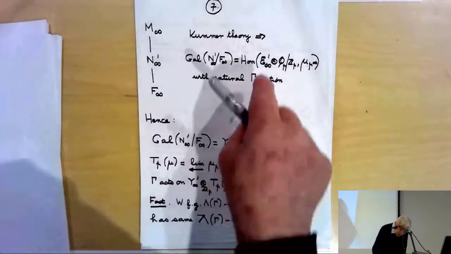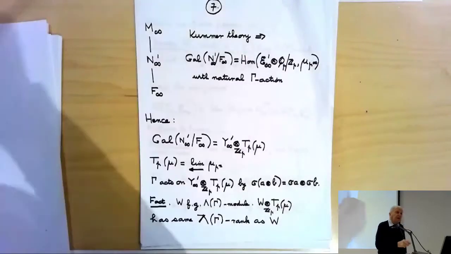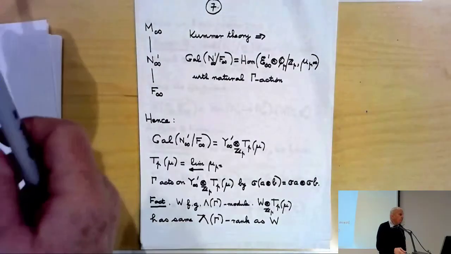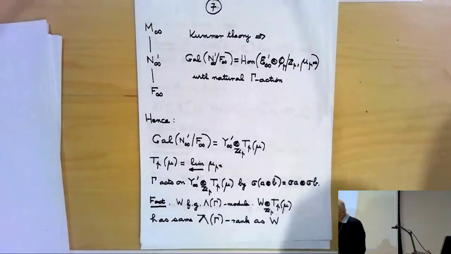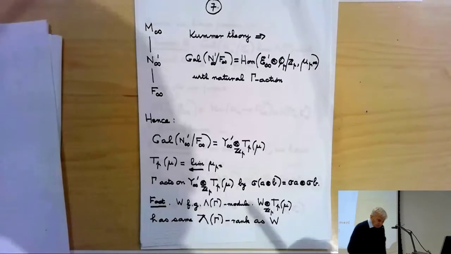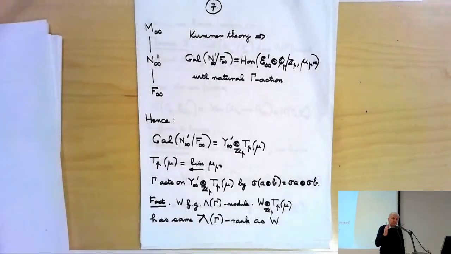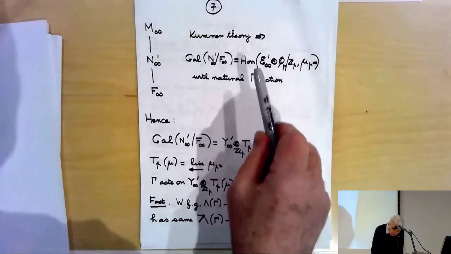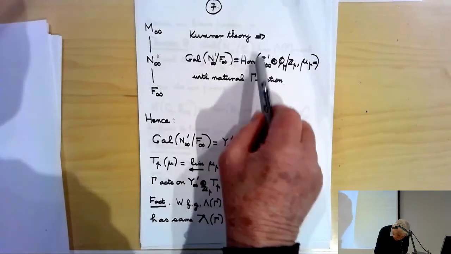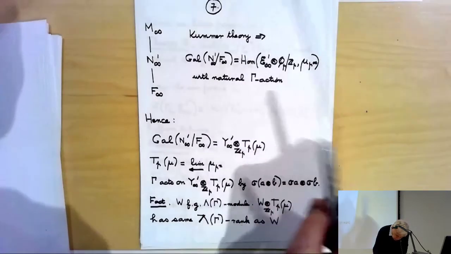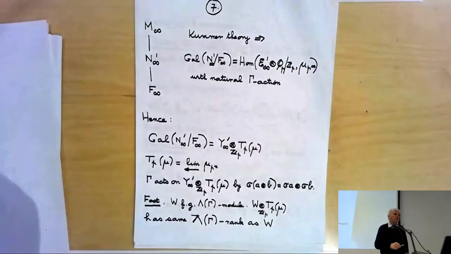By the way, E infinity prime tensor Q_p mod Z_p is obviously the same as curly E infinity prime tensor Q_p mod Z_p, because you're just dividing out by a divisible group. And by Kummer theory, the Galois group of N infinity prime over F infinity is the homomorphisms from E infinity prime, curly or without, tensor Q_p mod Z_p into mu_p infinity.